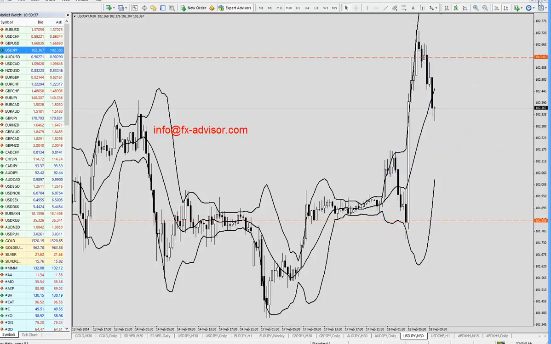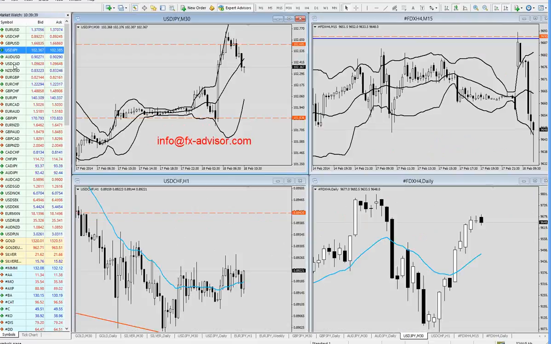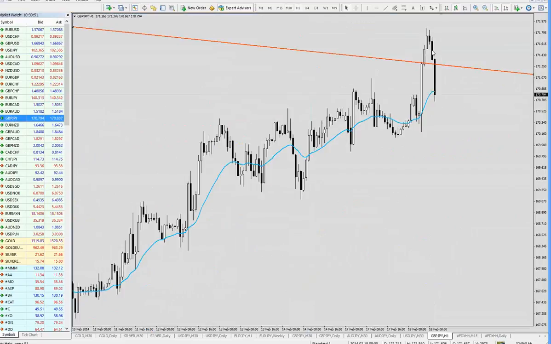And also we have a plan with British pound versus yen. Remember the line on daily, we just moved back below.